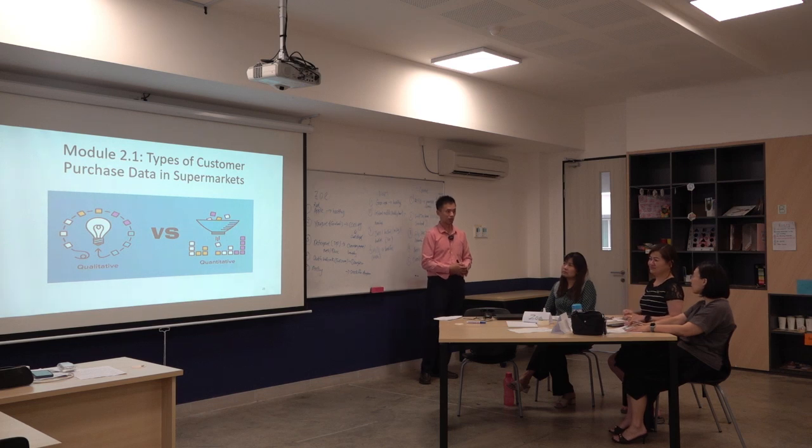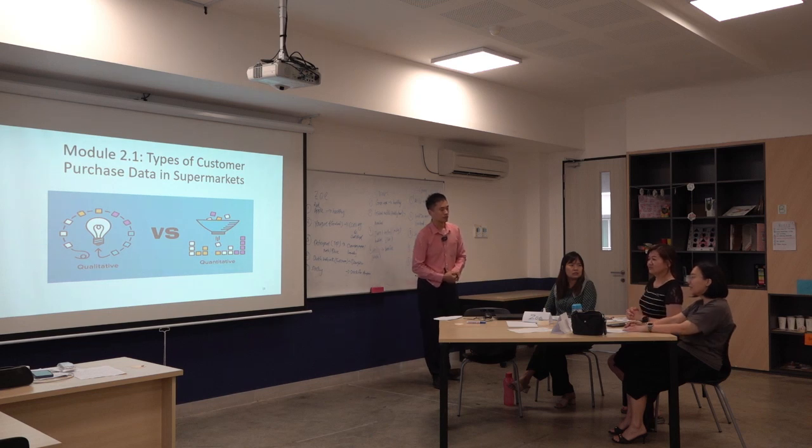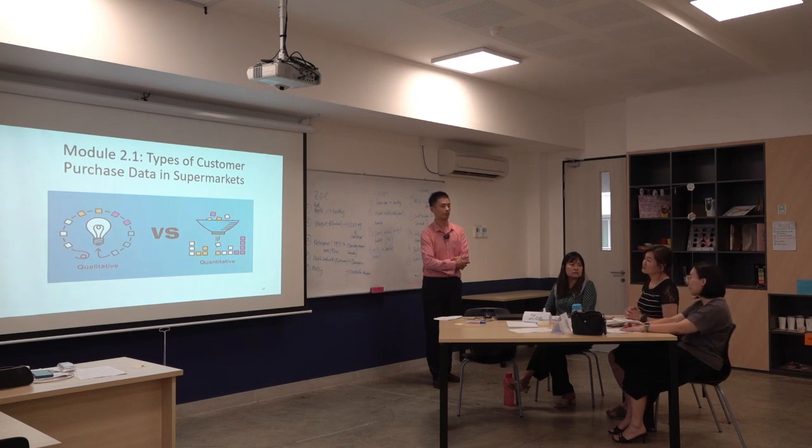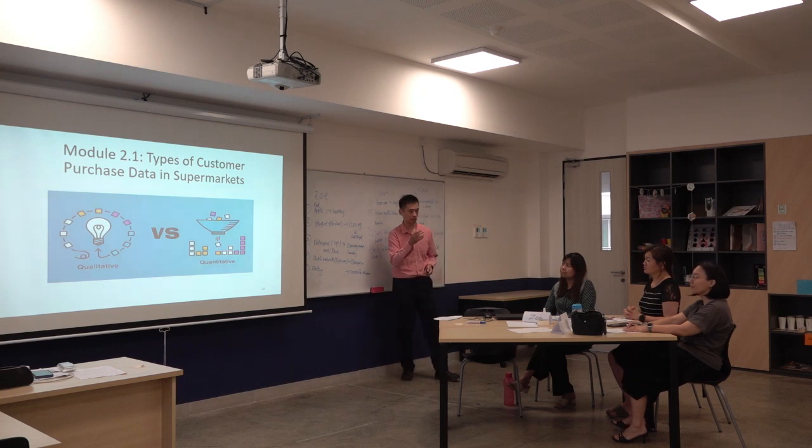How about Connie? What do you think? Quality, other than customer quality, we also look at your supermarket qualities. Then quantity, of course, is whatever the volume that can become numbers. Okay, thanks for your answers. What you said is correct.